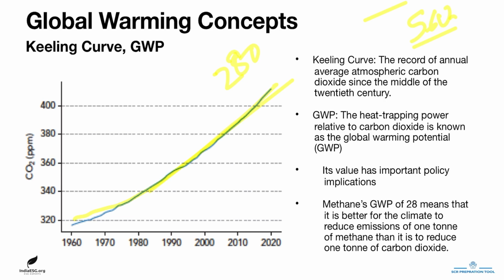From this slide, there can be questions related to global warming potential, the Keeling curve, carbon dioxide isotopes, and how over a period of time carbon dioxide has increased from a pre-industrial level of roughly 280 ppm to 400 plus ppm, and methane has increased from 0.8 ppm to 1.9 ppm, and what can be the policy responses to reduce emissions, and the relative policy responses when we have different greenhouse gases.